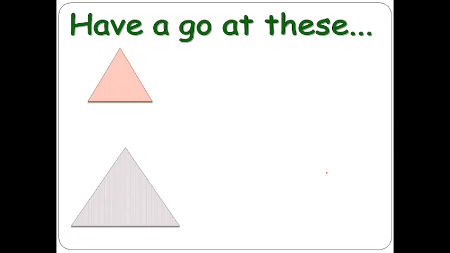Let's do practice. In the first triangle, the side length is 10 centimeters. How will you find it? You will use the formula. Perimeter equals, as it's a triangle, 3 times S, because all the sides in an equilateral triangle are equal in length.